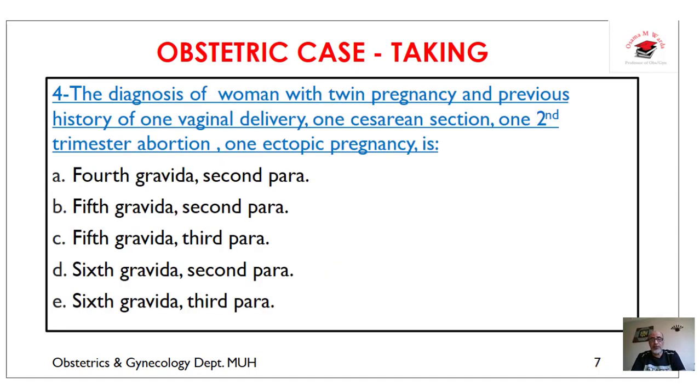The diagnosis of a woman with twin pregnancy and previous history of one vaginal delivery, one cesarean section, so there are 2 deliveries, 1 second trimester abortion, so there is 1 abortion, 3 pregnancies, 2 deliveries, and the current pregnancy is the 4th.